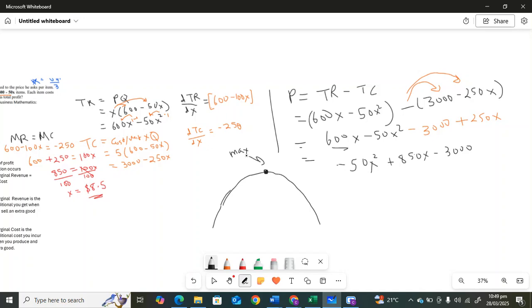How do you get the x value for the maximum point? This is the formula. X equals negative b over 2a. So here in this case, our b is 850, so you put negative 850 there. Our a is negative 50, so you say 2 times negative 50.